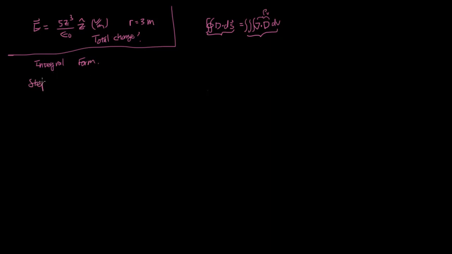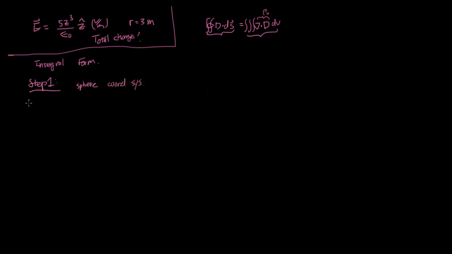The first step is we need to choose our coordinate system and find our ds. In this case, since it is a sphere of radius 3 meters, the sphere is kind of a giveaway that we're going to use the spherical coordinate system.